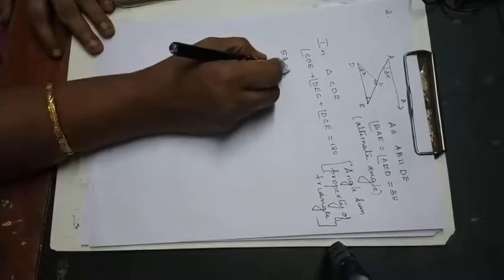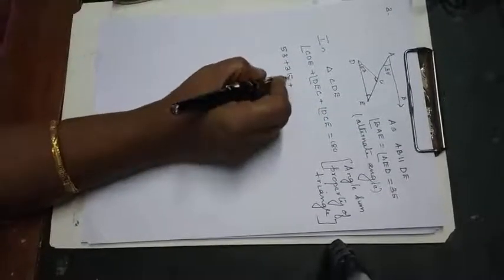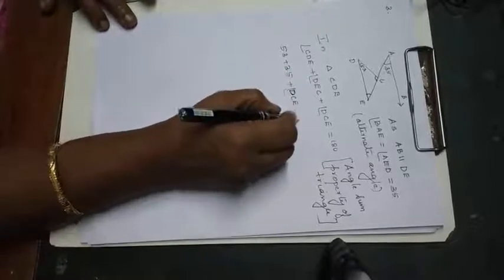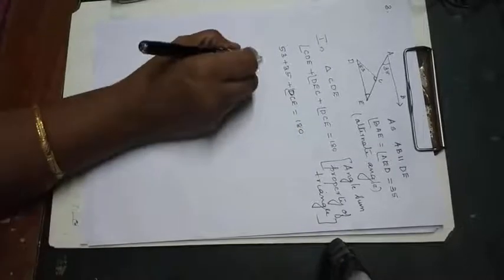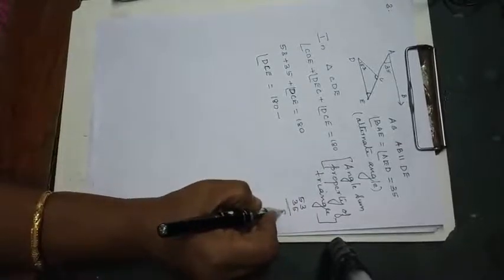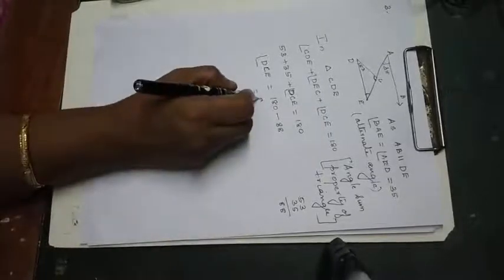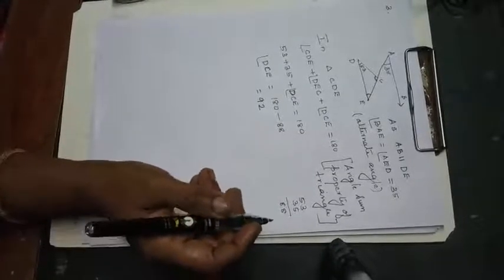Now this one is 53, the other one is 35, plus DCE equal to 180, or DCE equal to 180 minus (53 plus 35). 88, 180 minus 88, that is 92. 92. Okay.